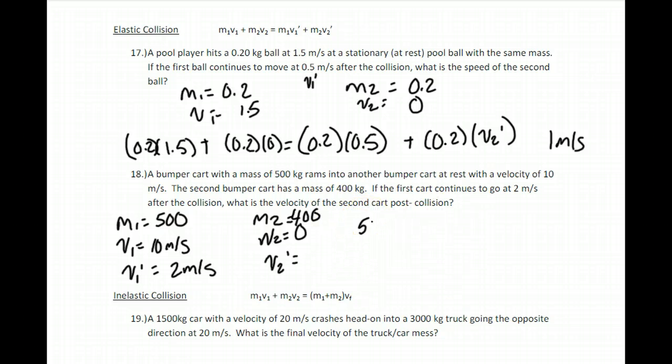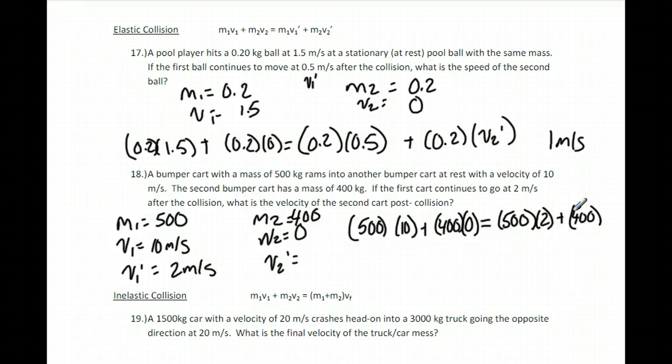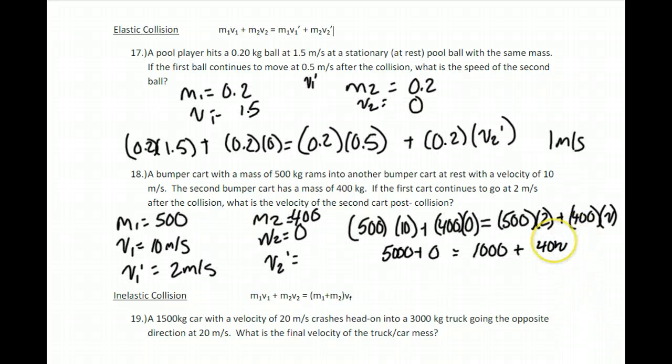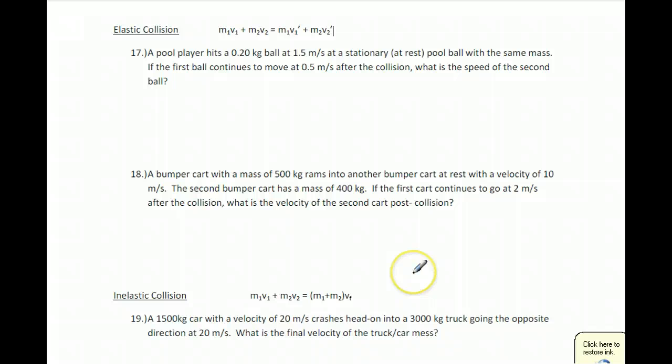So let's plug in 500 times 10 plus 400 times 0 equals 500 times 2 plus 400 times V. And that's what I'm solving for, this new V. So this is 5,000 plus 0 equals 1,000 plus 400 V. So this is going to be 5,000 minus 1,000.